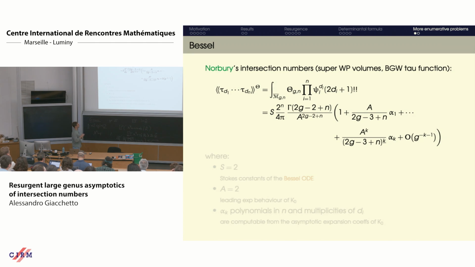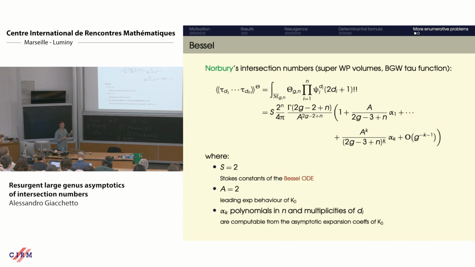So the formula here is exactly the same as the one before because the problem has exactly the same structure. The only thing that changes in this case is the differential equation that is underlying this problem. And in this case, the differential equation is the Bessel differential equation.